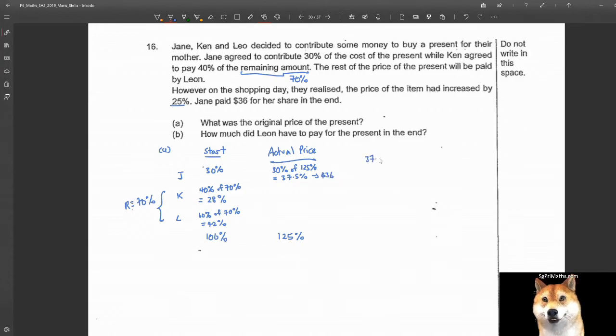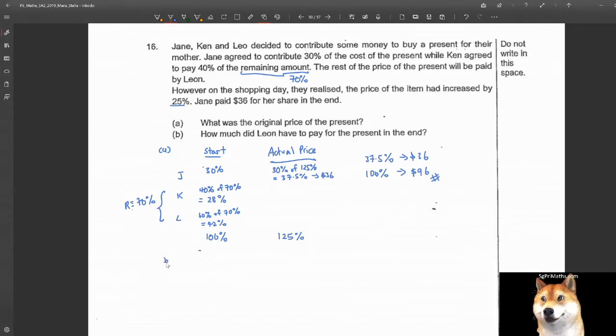So 37.5% gives me $36. 100% is the original price. This will equal 36 divided by 37.5 times 100, which is $96. So that is the original price.